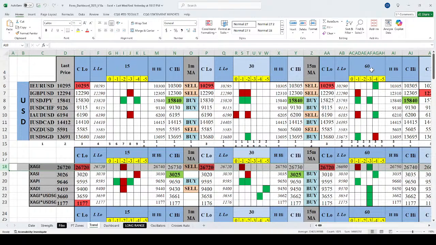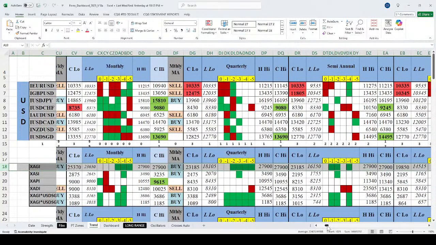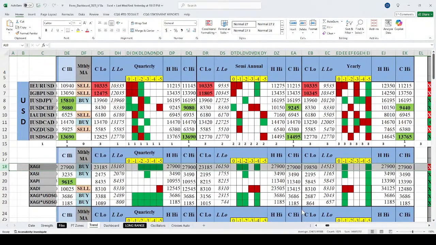And if you go on, like for gold, I can tell you what is happening for the year. The yearly is right now flat with an upside bias. Your 6 months is flat with an upside bias. Quarterly, that means every 3 months, is flat with an upside bias.